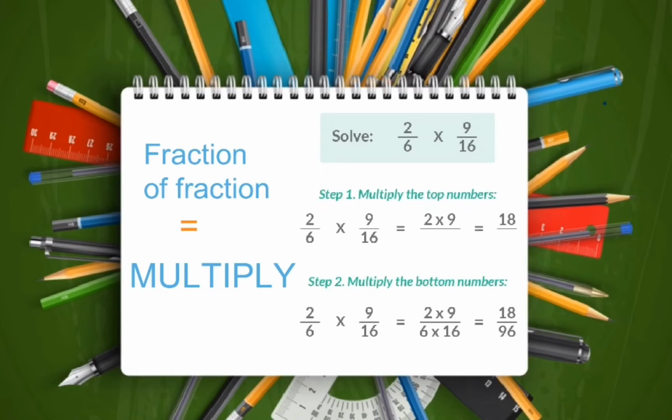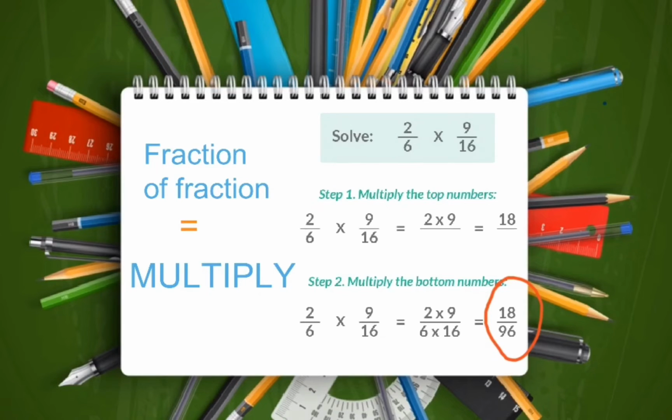Now let's go with step number 2. We multiply the bottom numbers, the denominators. 6 times 16. 6 times 16 equals 96. So my fraction of fraction equals 18 over 96.